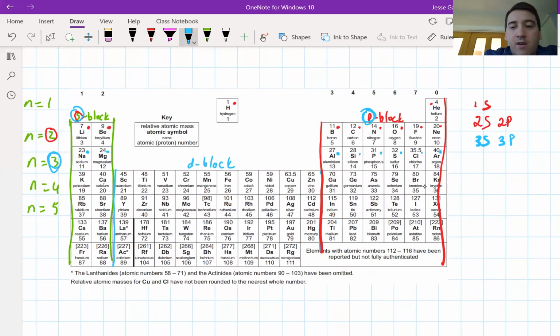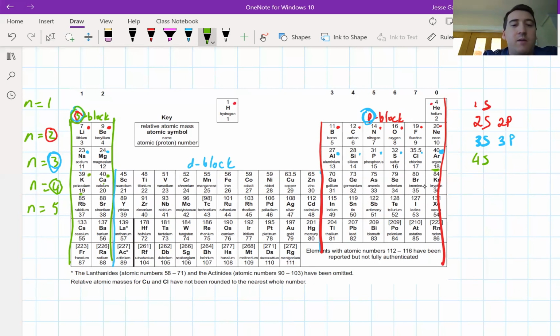Once we get to the end of argon here, where do we go next? We go from element 18 to element 19, potassium. So we're in the 4th energy level, and this is the S block. So 4s is next. Then calcium also has its electrons in the 4s.